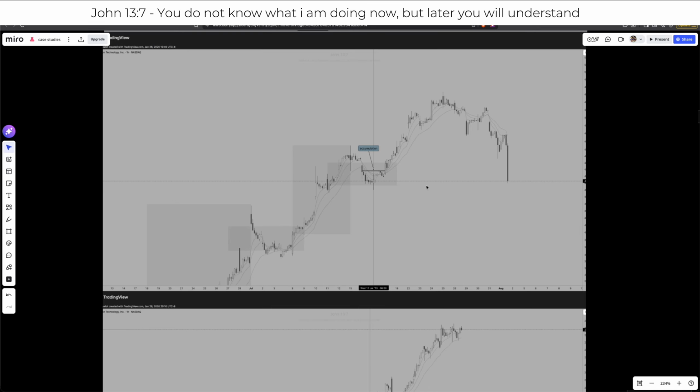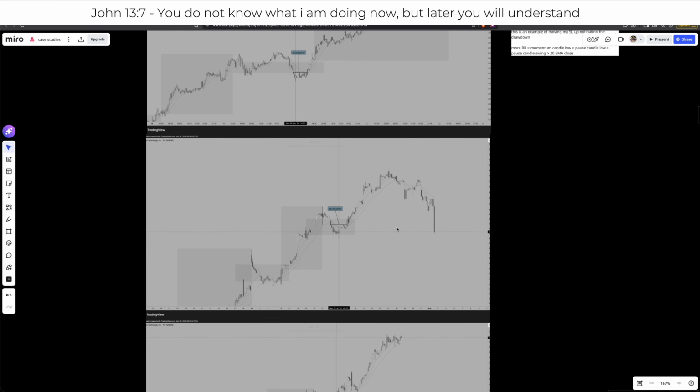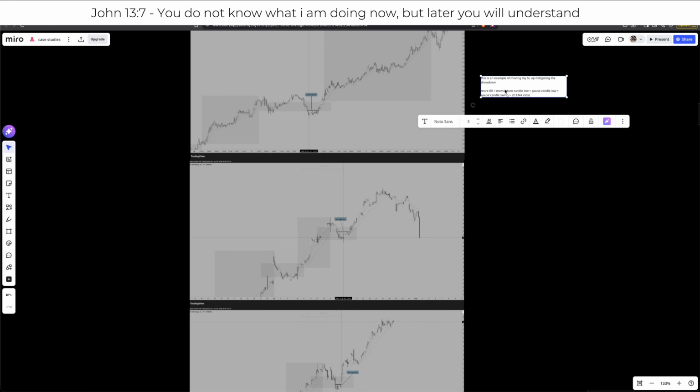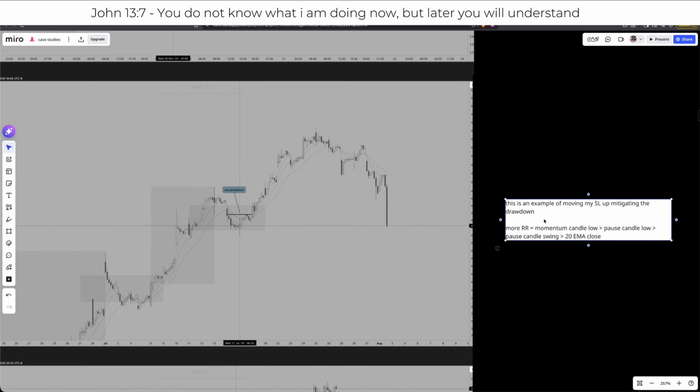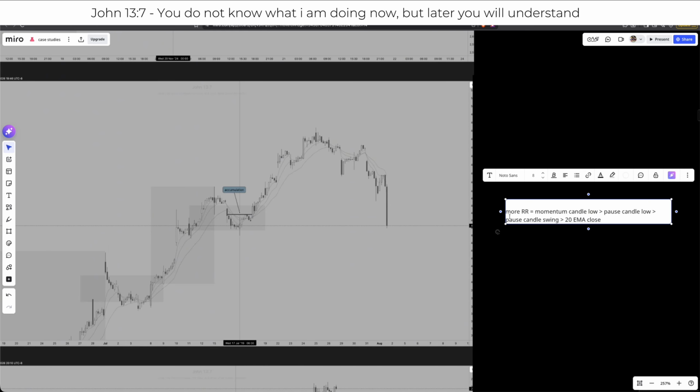Yeah. Oh, okay. So we're gonna remove this now that we understand mitigating drawdown. So what gives me the most RR? Okay. So the pause, boom, pause.